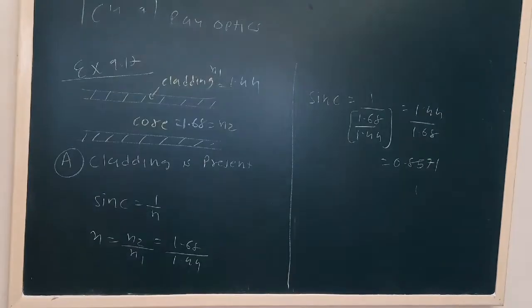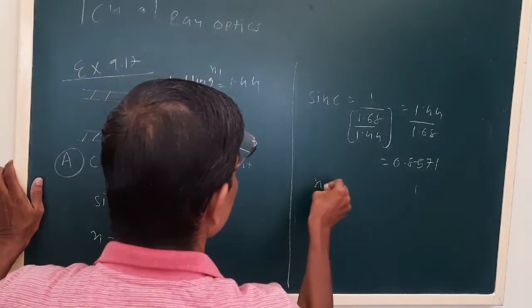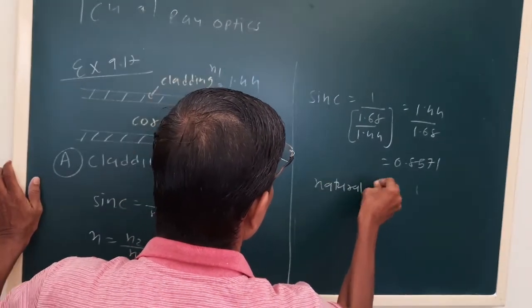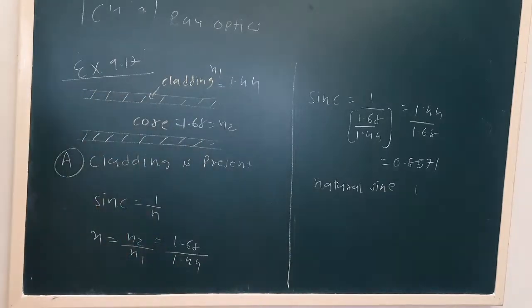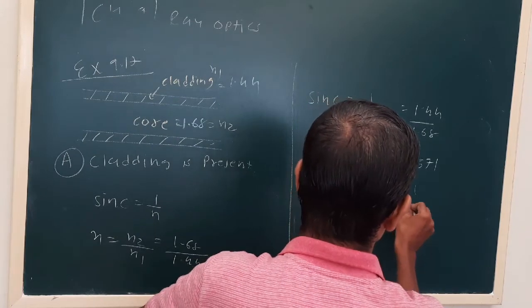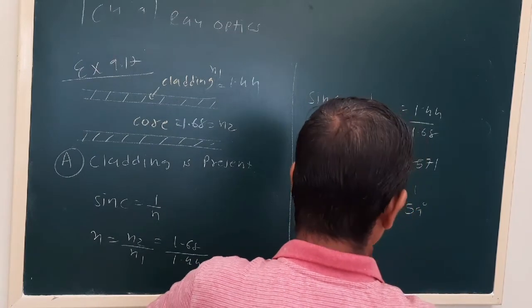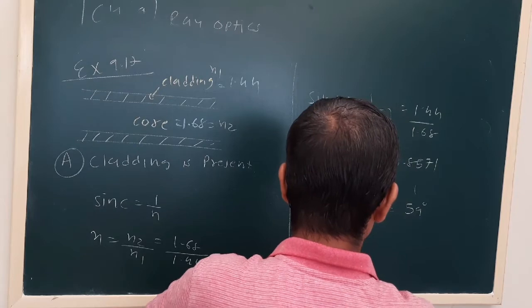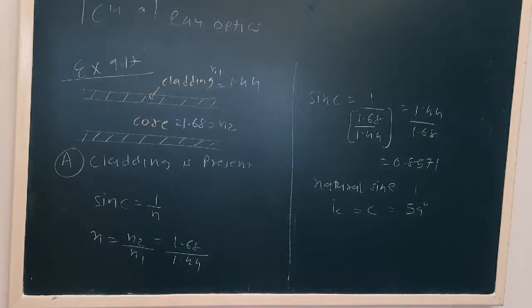If we look in the natural sine table, it turns out to be about 59 degree. So that is C, the critical angle, which is 59.